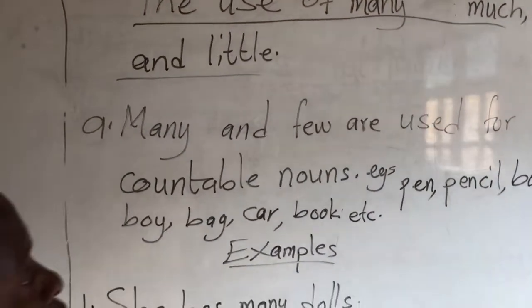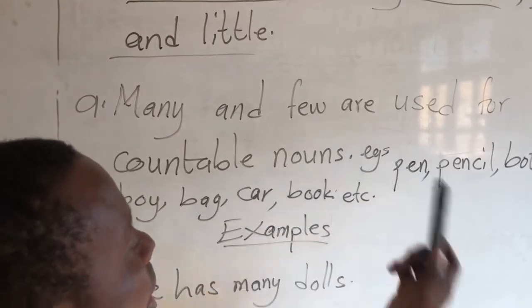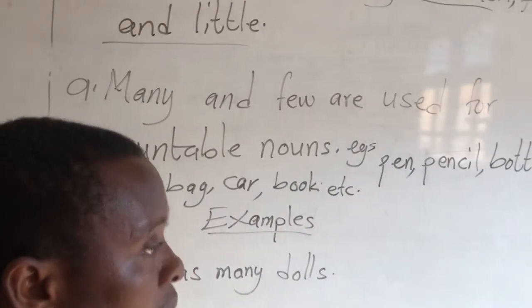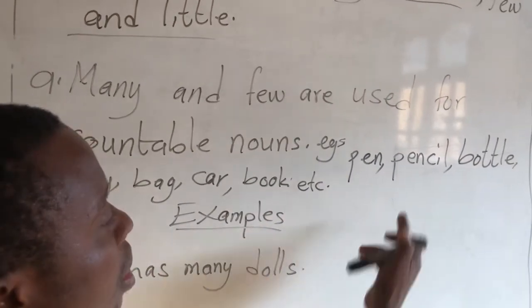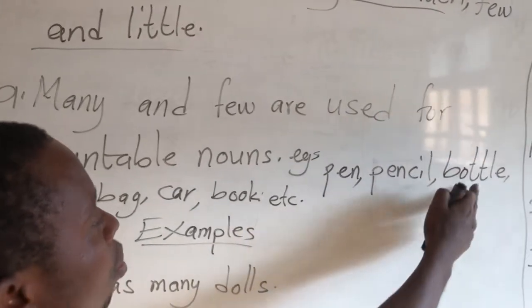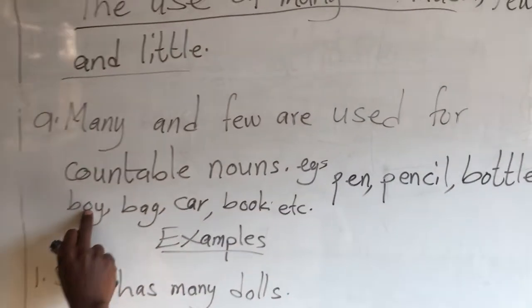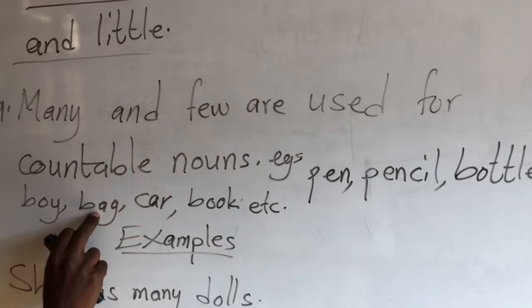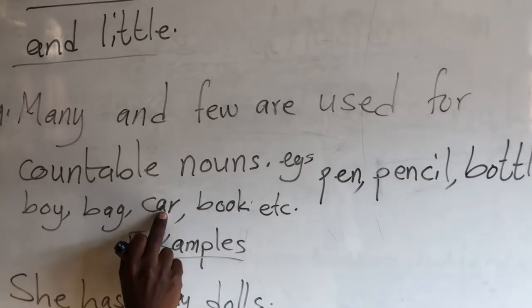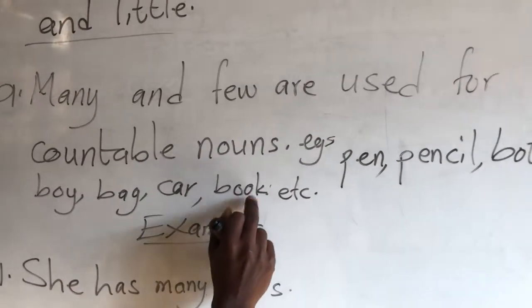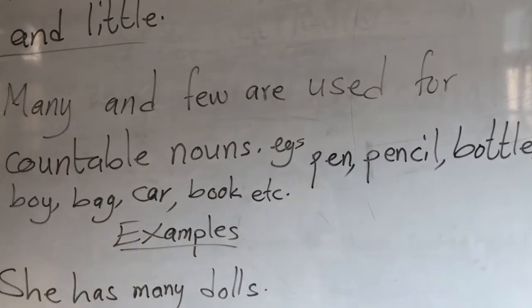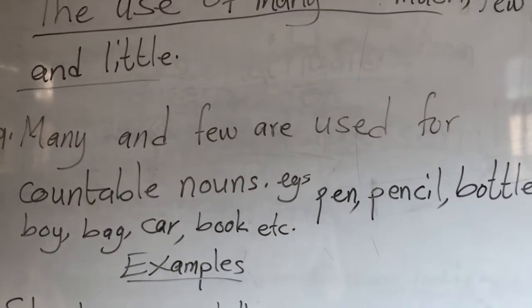Let's look at some examples. We have pen. We can count pen. How many pens do you have? I have 2 pens. I have 3 pens. Let's look at pencil, the same thing. Bottle, boy or boys, bag, bags, car, cars, book, books, and many more. There are many more countable nouns we can name.